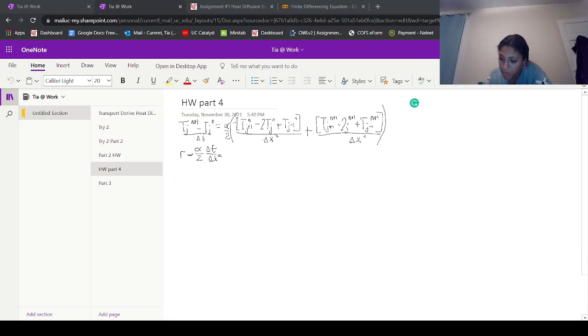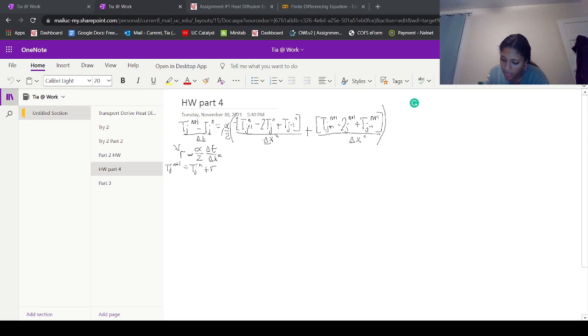Okay, so basically what we're going to do is move things around again so it's all nice and pretty like last time. So T_j to the n plus 1 is equal to the temperature at position j at n, and then we're going to have plus r, because that r is this alpha over 2 with the x squareds on that side, right?